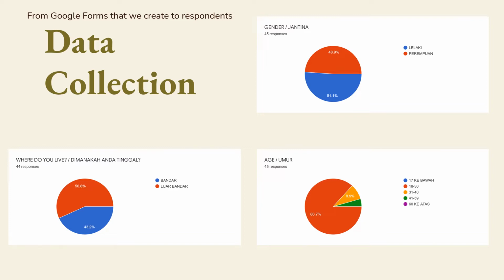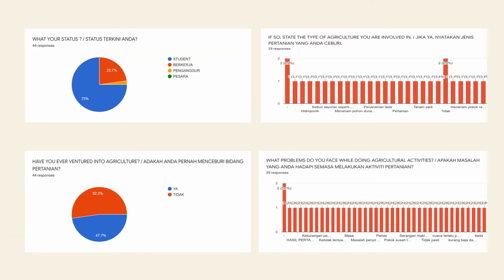The next bar graph shows the types of crops that the respondents grow. Examples are chili trees, oil palm, paddy, hydroponic plants, rambutan, banana tree, papaya tree, pineapple trees, durian, Musang King, and so on. The data from question 7 is about the problems respondents often face while doing agricultural activities.